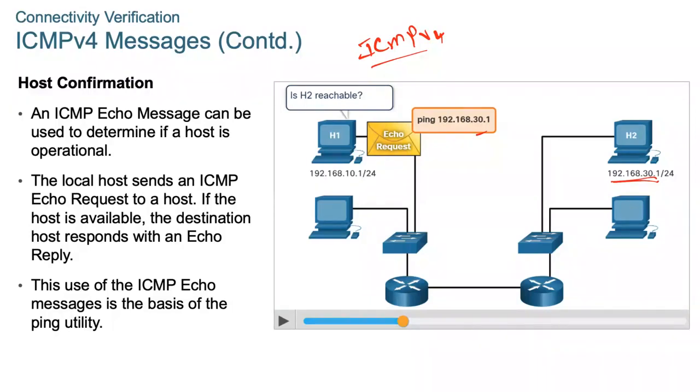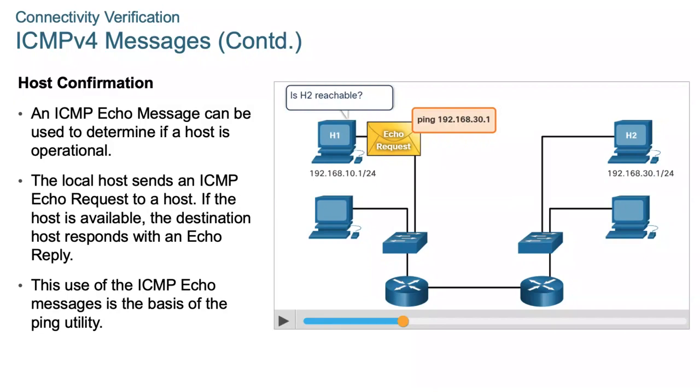If it is reachable, this echo request packet will go through the network and reach the destination, and host 2 will respond to the request. When it responds, we can say that the connection is reachable, and after that host 1 can start communicating with host 2 by sending the actual data or messages.